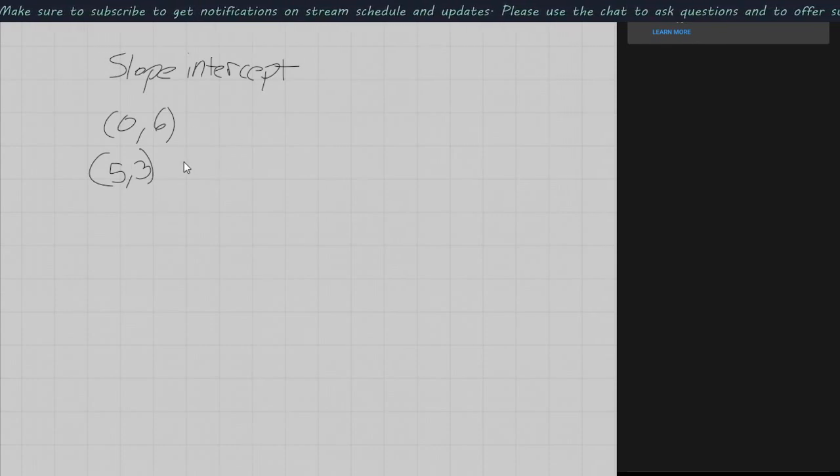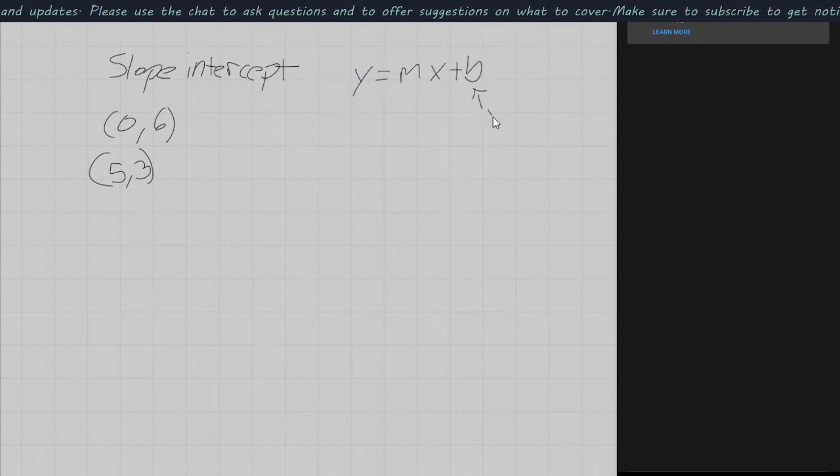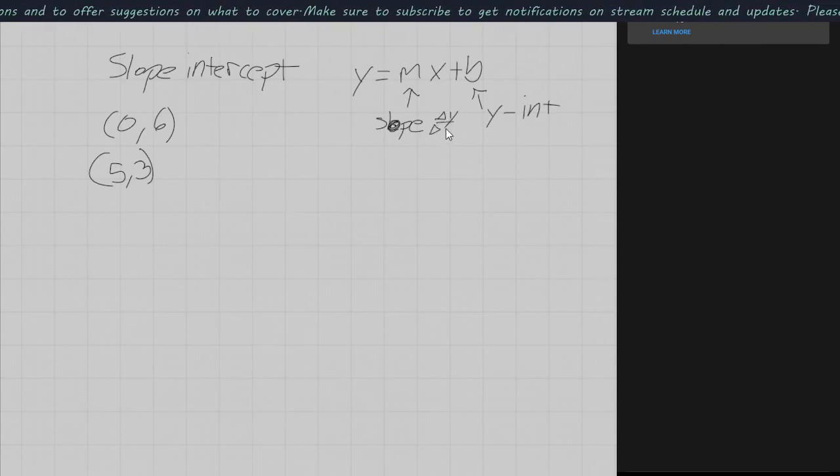And there is a third way, but I'm just going to briefly say that so I don't take up too much of your time and we can work through two problems. So the first thing is, again, remember that slope-intercept is y equals mx plus b. B is the y-intercept, and m is the slope. And that's the change in y over the change in x.